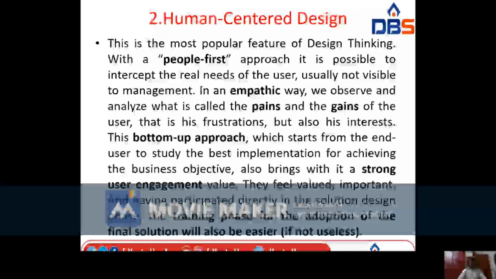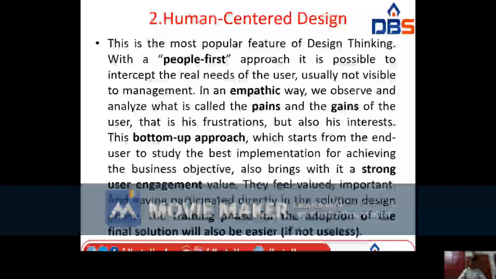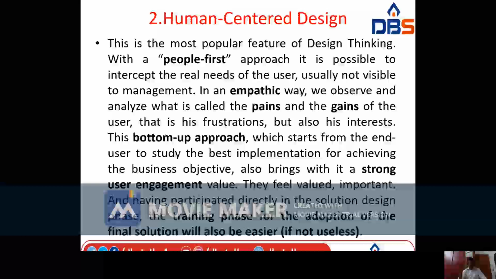Now coming to human-centered design, this is the key to the design thinking process. This is the most popular feature of design thinking. With a people-first approach, it is possible to intercept the real needs of the user, usually not visible to the management. Here we present the real needs of the user to the management people.